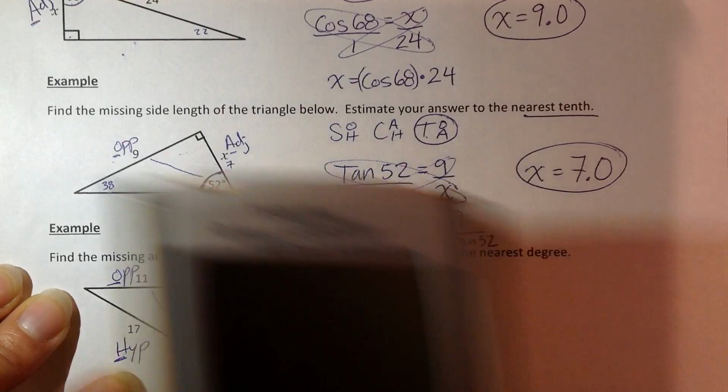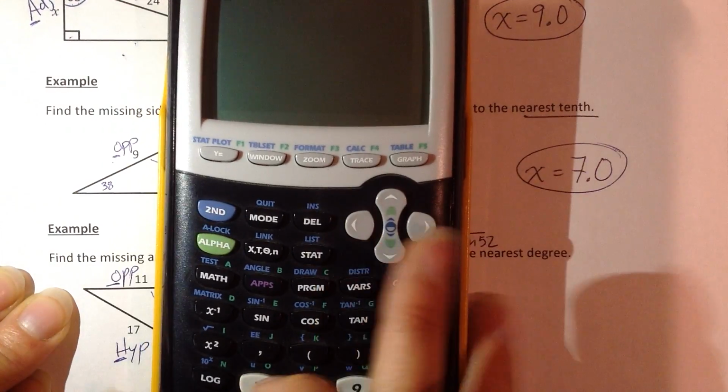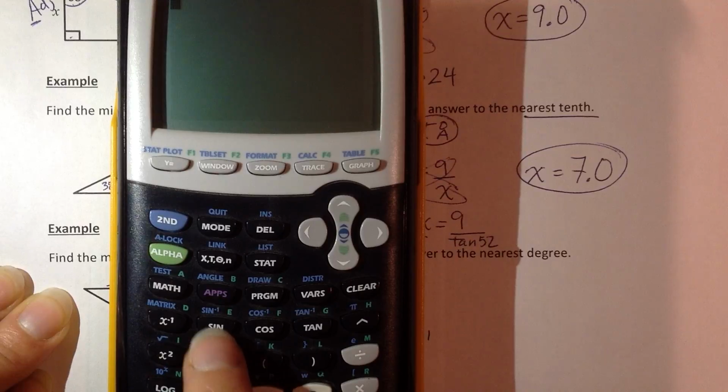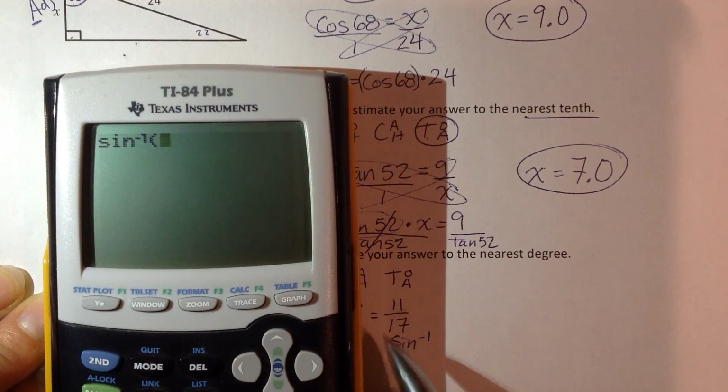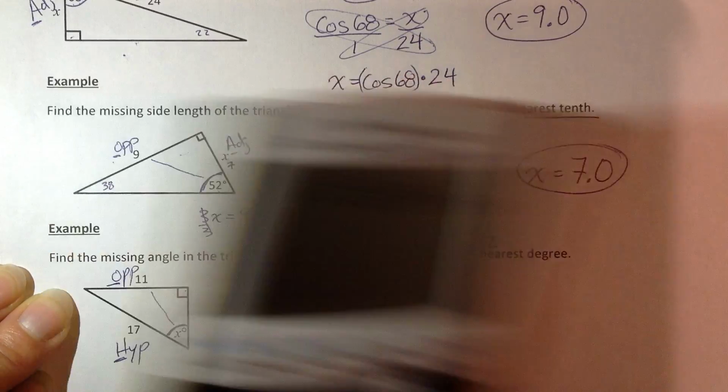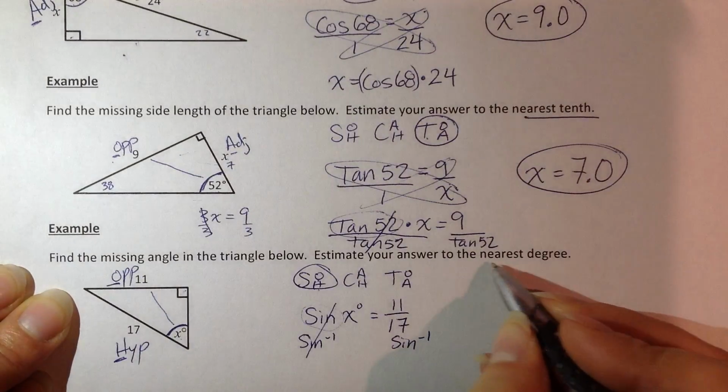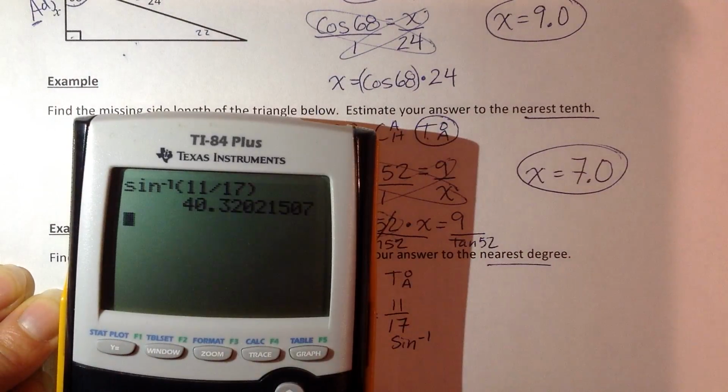All the inverse operations are on top. The inverse of sine is in blue, so I'm going to hit second sine. Then I'm going to undo that ratio: 11 divided by 17. Again, it's at the end and it's not going to make a difference, but it's a good habit. Bam, 40 degrees. Nearest degree, just to verify degree.